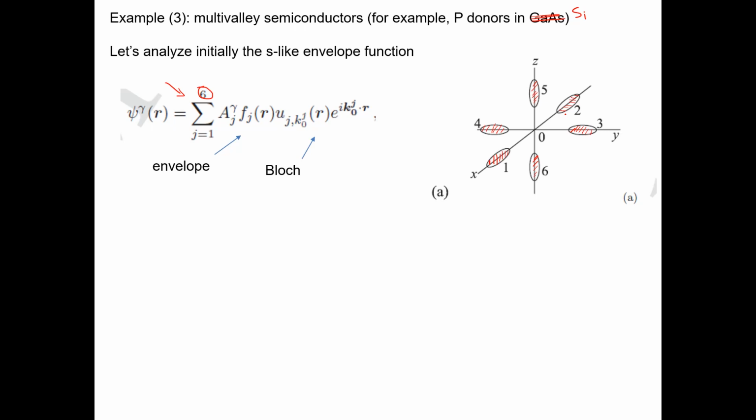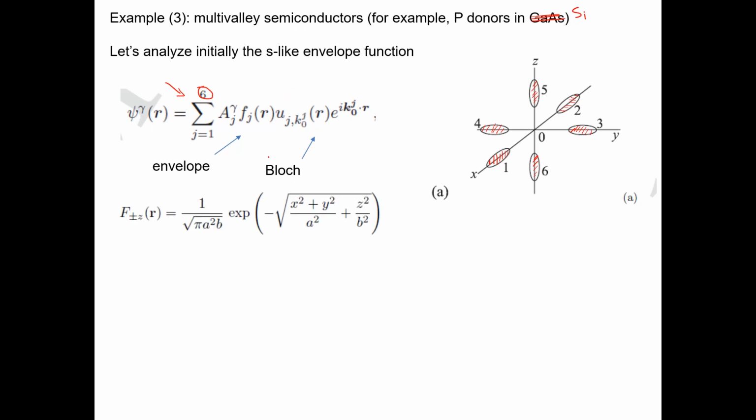If I have more than one valley, then I have to consider possible interference between those different valleys. So our starting point are arbitrary linear combinations of Bloch functions from these 6 valleys multiplied by envelope functions.